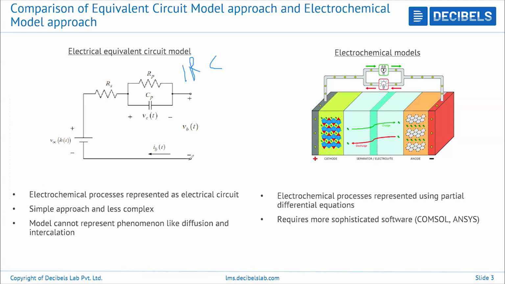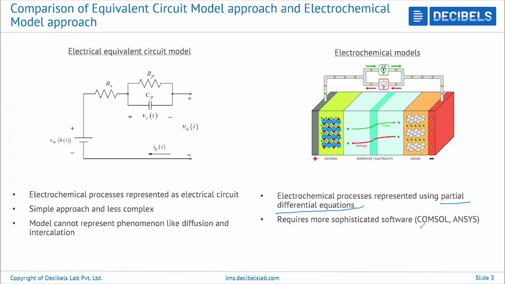Okay. So coming to electrochemical models, the difference here is that electrochemical models are always physics based. Physical processes are represented here using partial differential equations. Okay, so that is the main difference. On the left hand side, it is electrical equations like Kirchhoff's voltage law or current law, things like that.